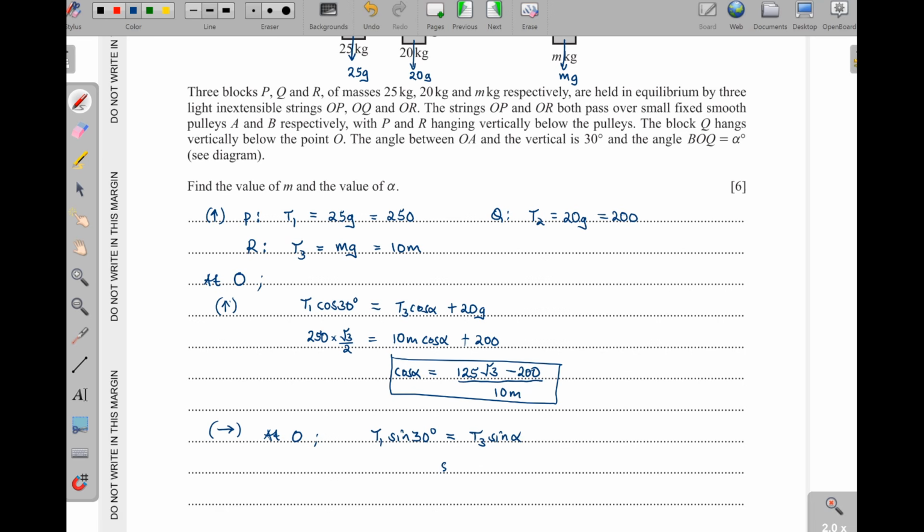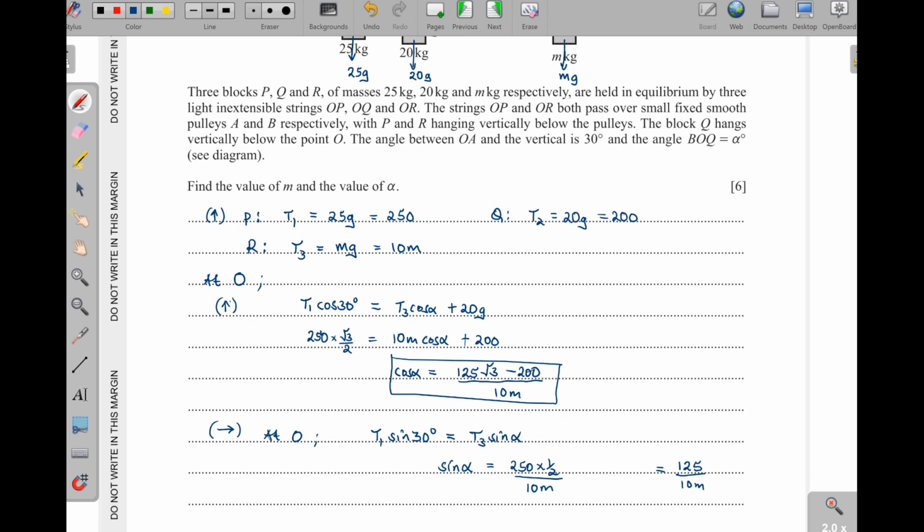So meaning sine of alpha can be equal to T1, which is 250, times a half, then out of T3, which is 10m. So meaning we can have 125 out of 10m. So that is going to be our sine of alpha.